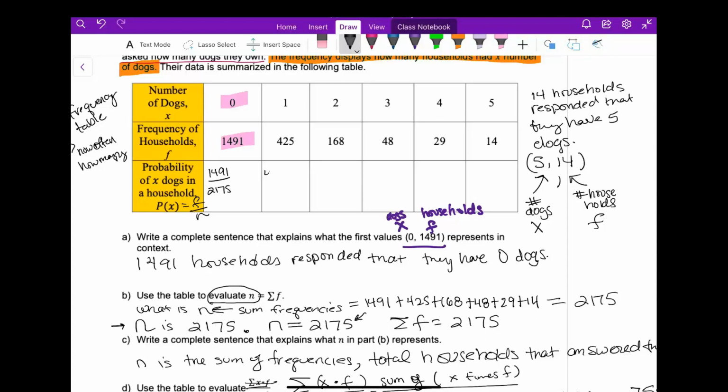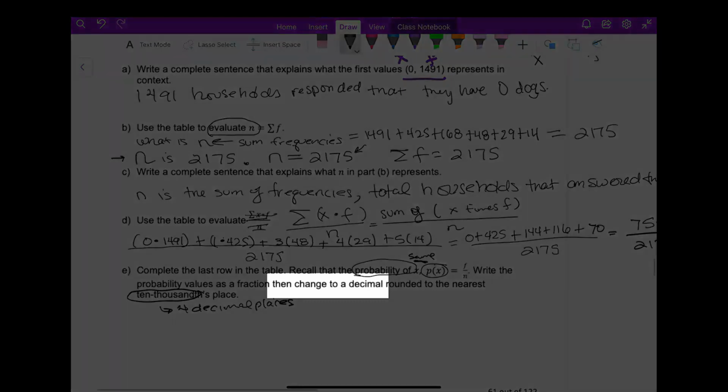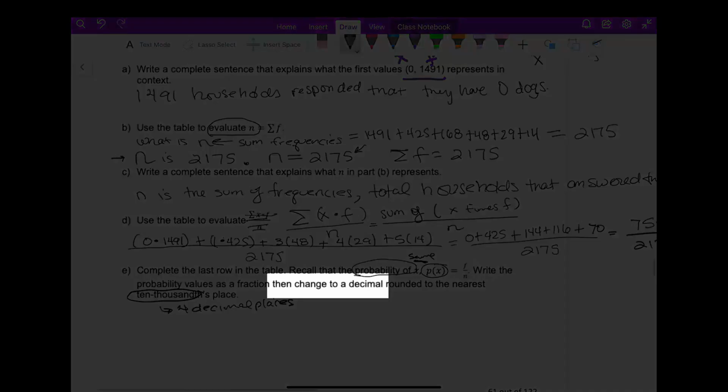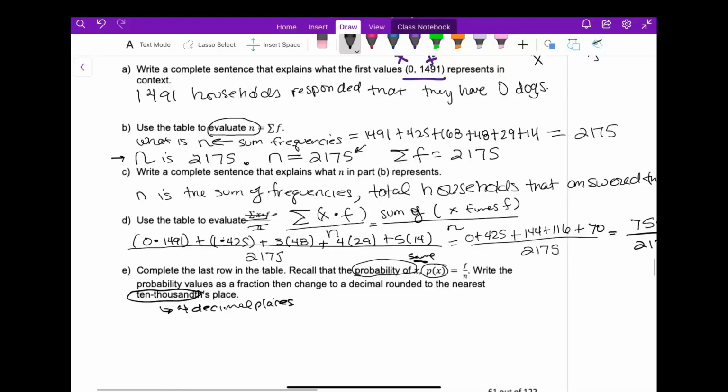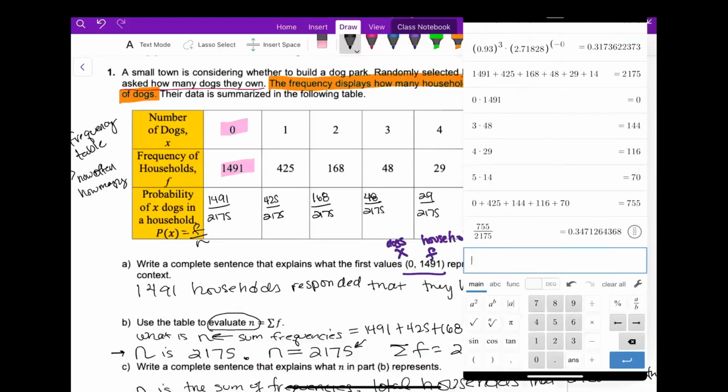So let's do 425 divided by 2,175 and so on. And then now our goal is to convert it to a decimal rounded to the nearest 10,000th place. This is 4 decimal places. I'm going to use my calculator.